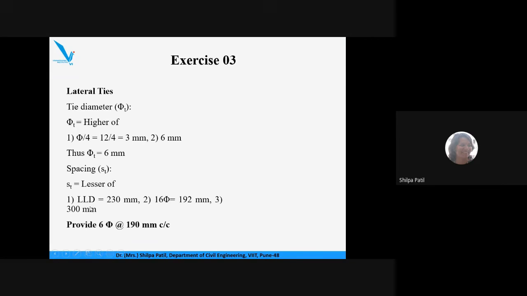Spacing should be the lesser of the least lateral dimension, or 16 times the longitudinal bar diameter, or 300 mm. Out of these three, whichever is the lesser value we have to adopt. So the lesser is coming as 192. So 6 mm diameter lateral ties are provided at 190 mm center to center.